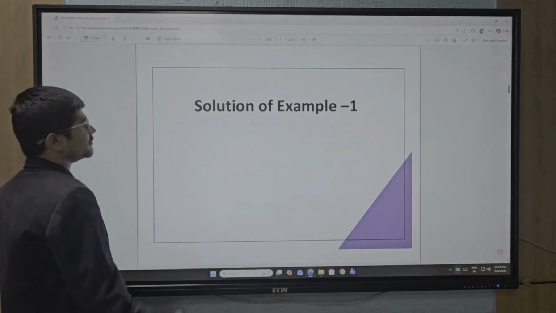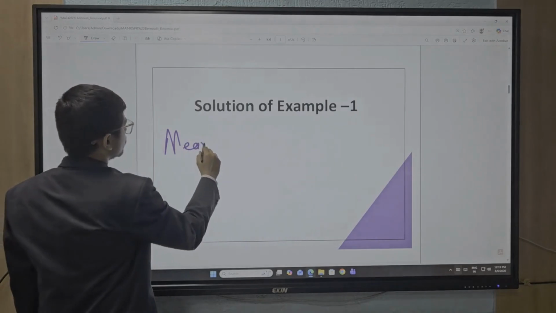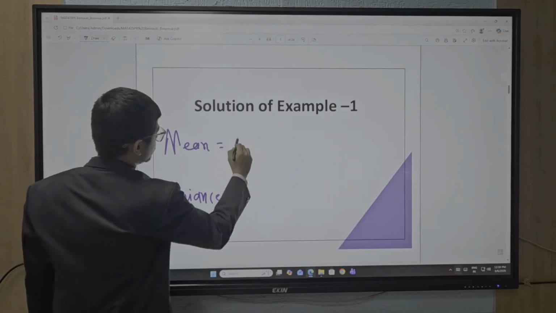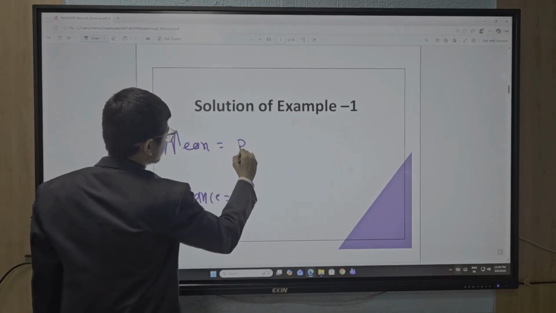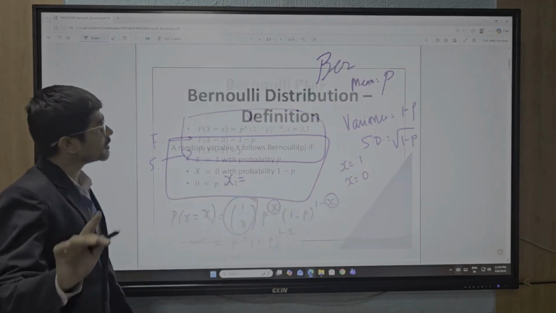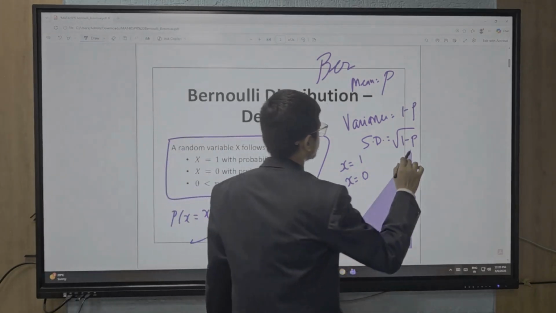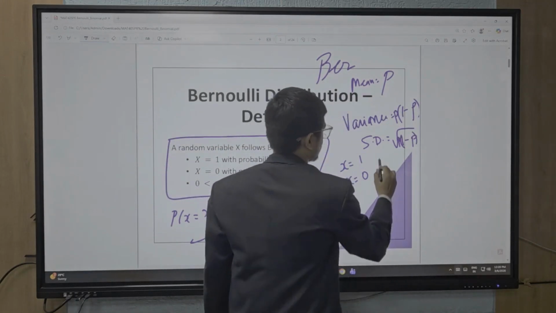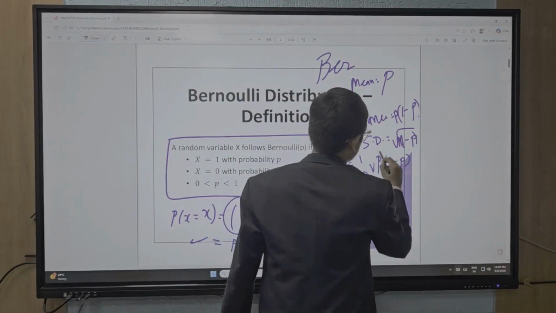So what about mean and variance? Mean equals p and variance equals pq. I think, my dear students, I made one mistake there. I wrote p into pq, so this is an error from my side.